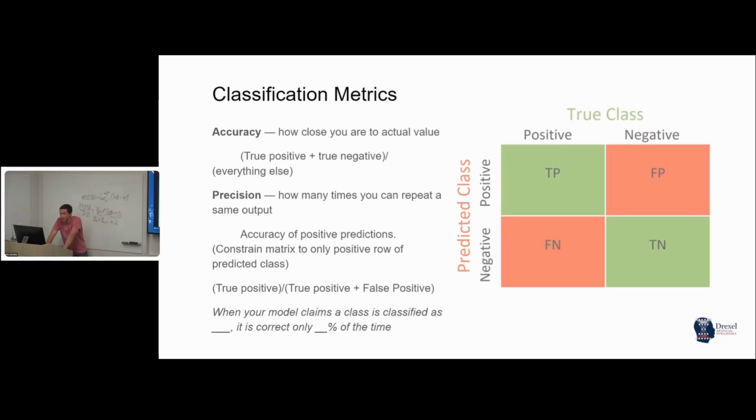Maybe about precision. For precision, you basically look at the first row, you said? I'm a little confused about how precision works.